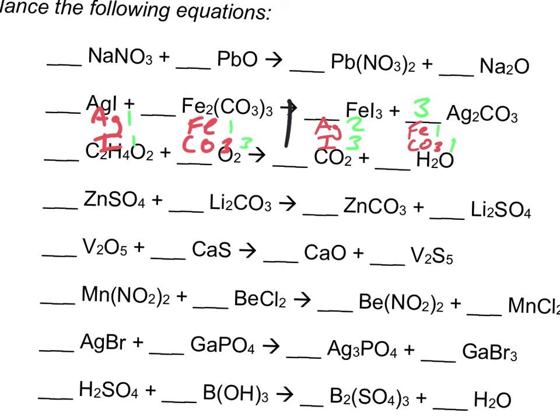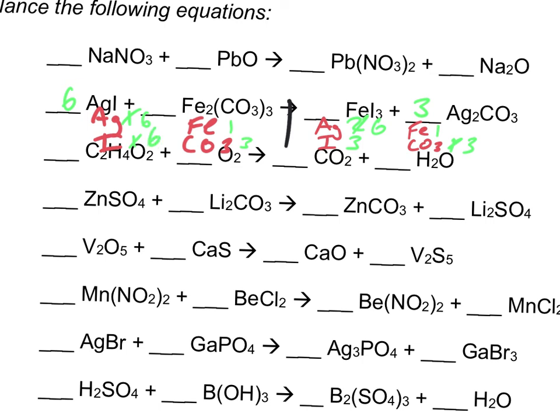Okay, so I threw a 3 there because I was trying to make this a 3. Remember, there's only 1 of those, and 3 times that 1 is 3. So I was trying to do that, but that messed up my silver. So I'm just going to go back over here and fix silver because, hey, that's easy.